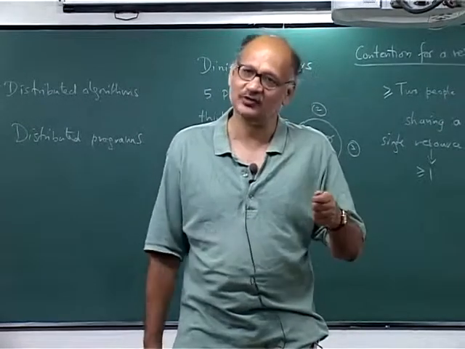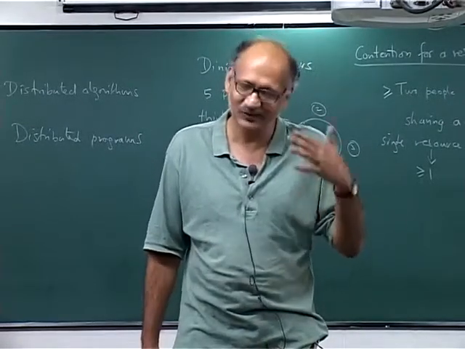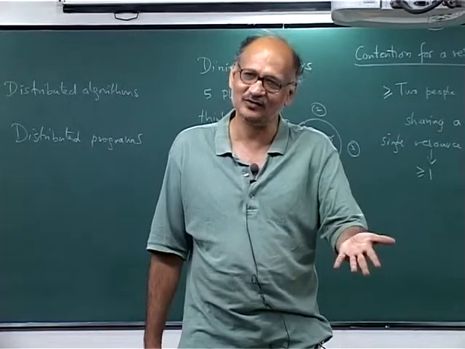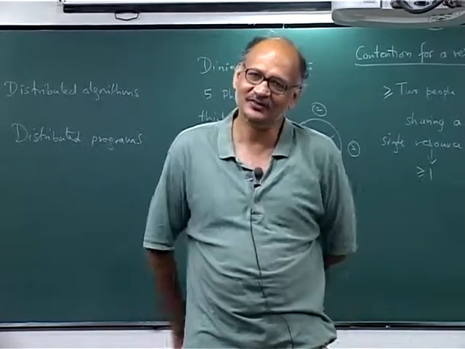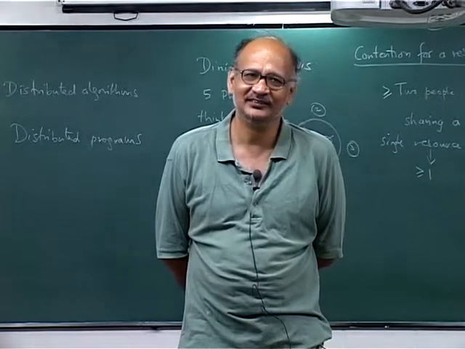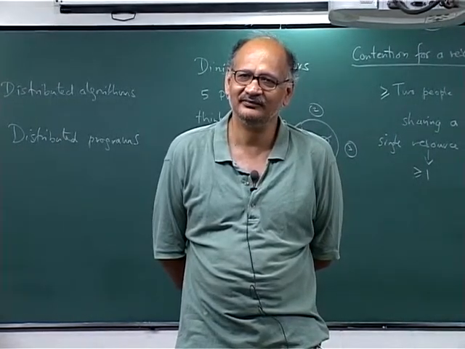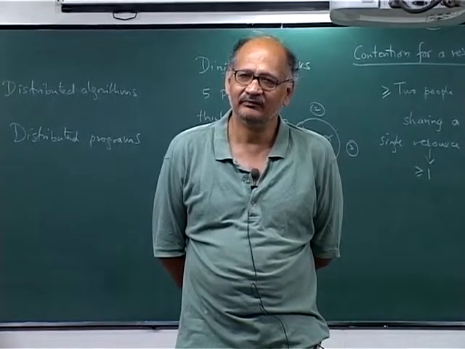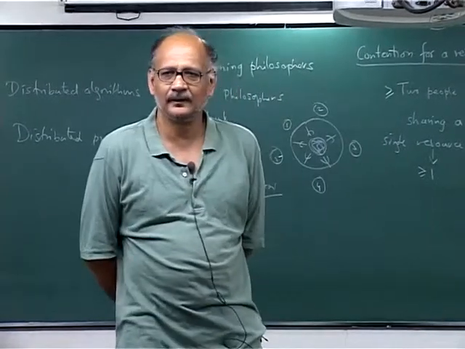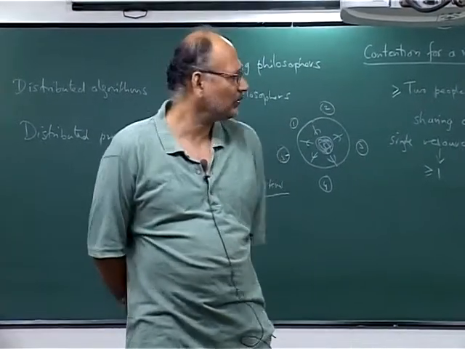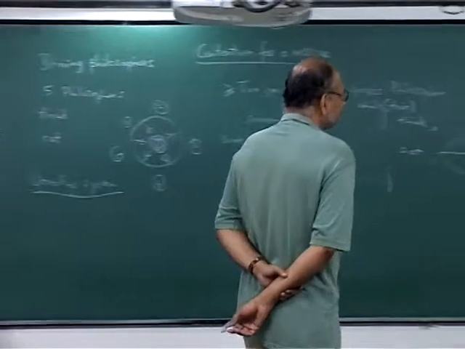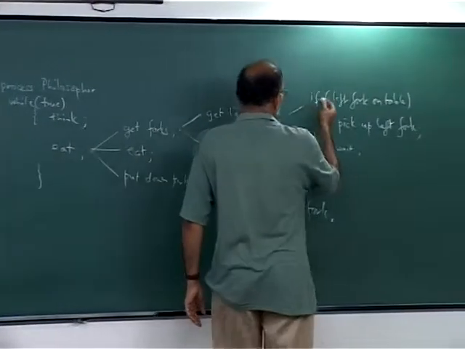One philosopher picks up the fork, looks at the table, finds that there is no fork. Okay, now what should the philosopher do? Wait for 30 more seconds and then check again, because everything happens in a 30-second period, assuming. Okay, so what you are saying is we put this inside a loop.